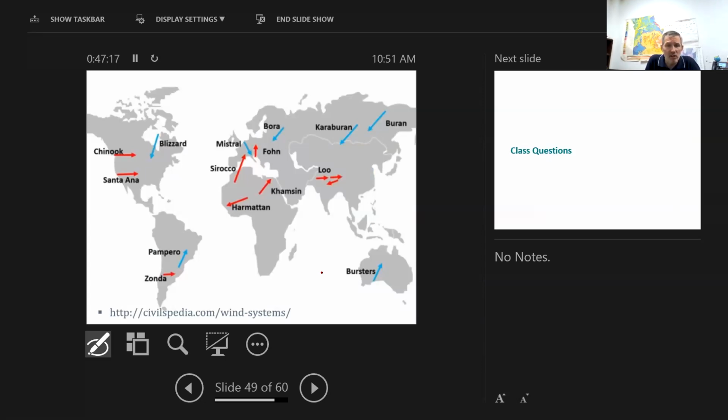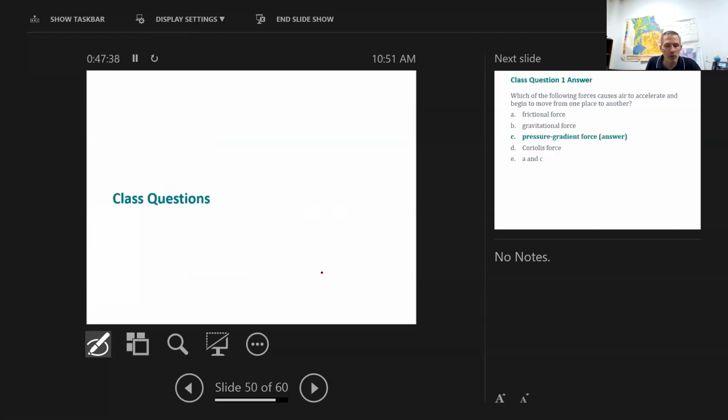Again, this is based on geography and land-water differences in heating, and these can be caused by air being pushed up over mountains. Lots of different cultures have identified these things, so we are not the only part of the world that is directly affected by earth science. If you have any questions about this chapter, please let me know.